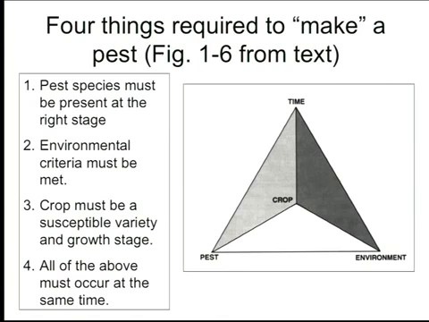Then you have to have a crop that is susceptible at the growth stage, because not all the plants are susceptible in all the stages of its growth. So it has to be susceptible in that phenological stage. And obviously there has to be enough time for the development of the process.